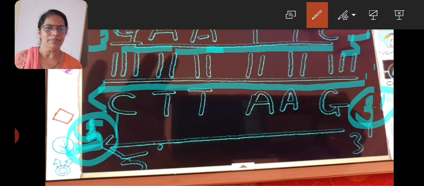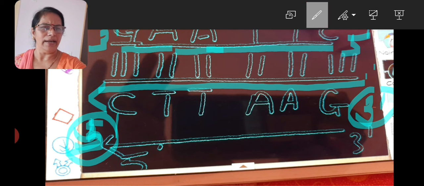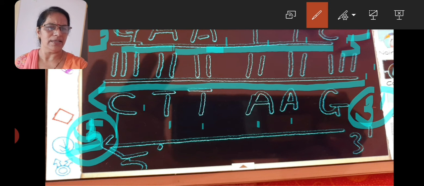So when we keep the orientation the same, the sequence of nucleotides is also the same, that is G, C, A, T. A always pairs with T, and C always pairs with G.